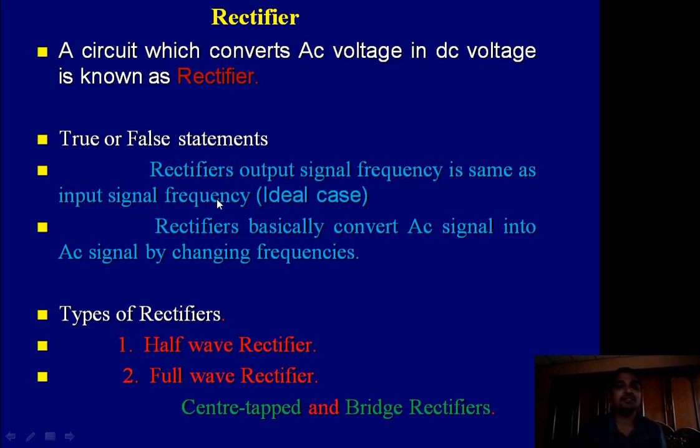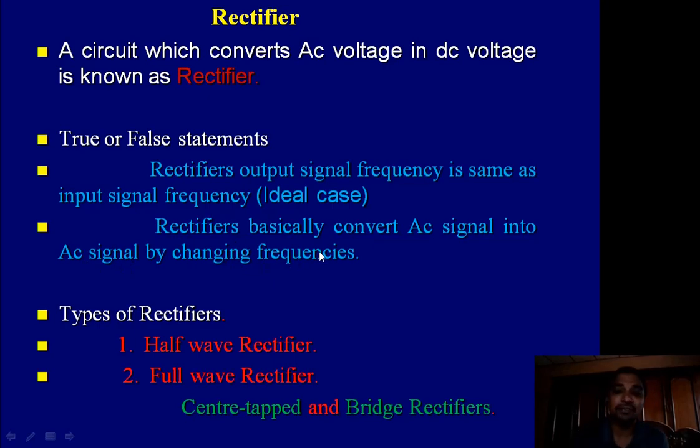The input signal frequency may be 30 hertz, 40 hertz, 50 hertz, maybe 1000 hertz, 1 megahertz, whatever. So the input signal frequency is different, and the output signal frequency is 0. It is a false statement. Next statement: rectifiers convert a signal into another signal by changing frequency.